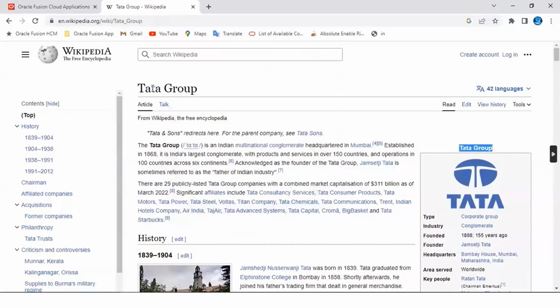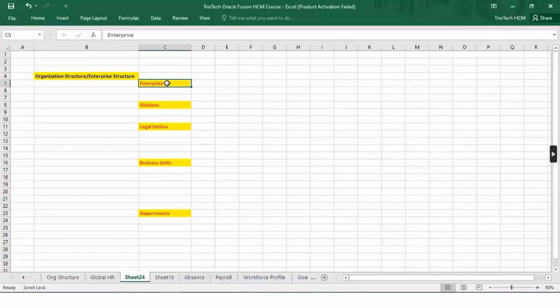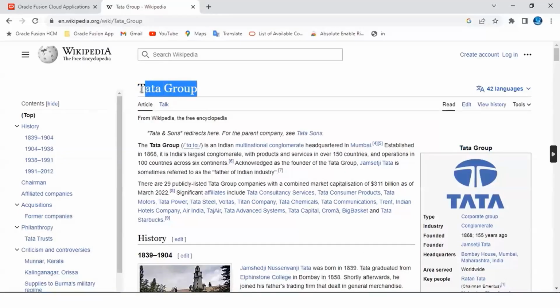When you are going for a project implementation in your client organization also, team, you have to identify the ultimate mother holding group of your client organization. In the example of Tata, if I have to map exactly the enterprise concept in the Fusion application, this Tata Group you can call the enterprise in the Fusion system. Tata Group is not a company.